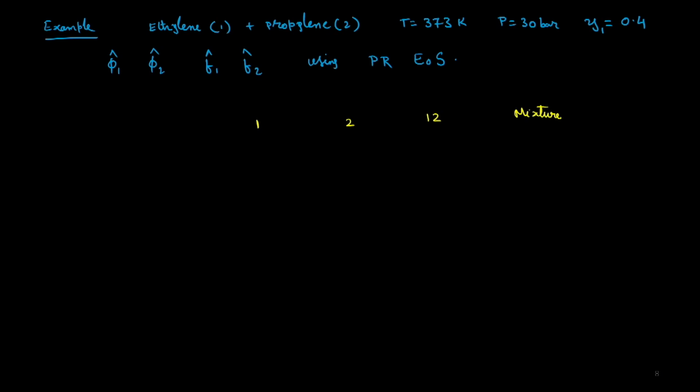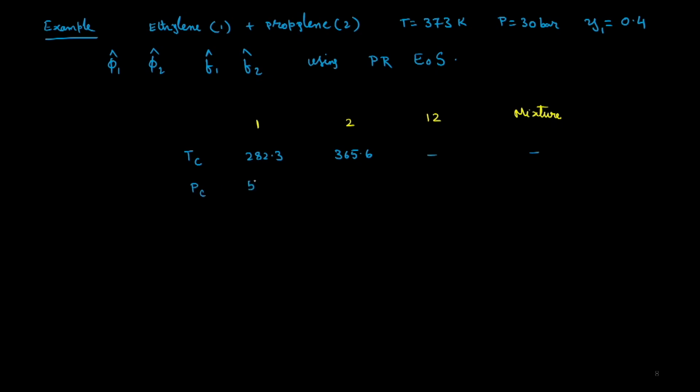All right, let's start working with some of these quantities. The first one I will try to get from a handbook is Tc, the critical temperature. For ethylene it is 282.3, for propylene it is 365.6. We don't need it for 1,2 or the mixture.